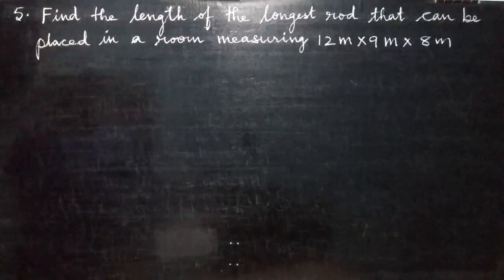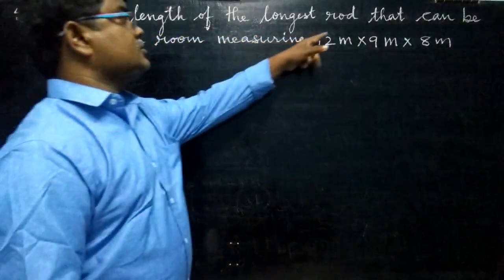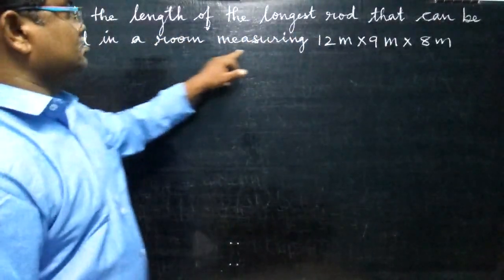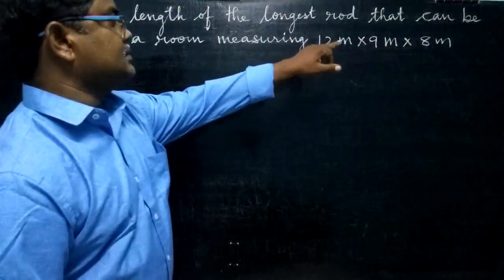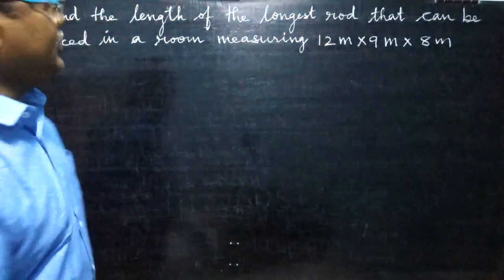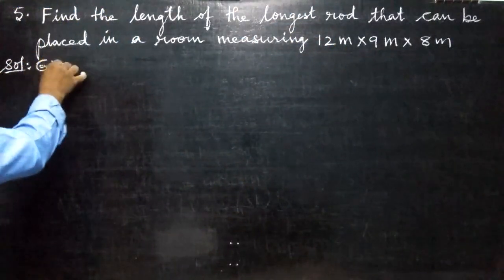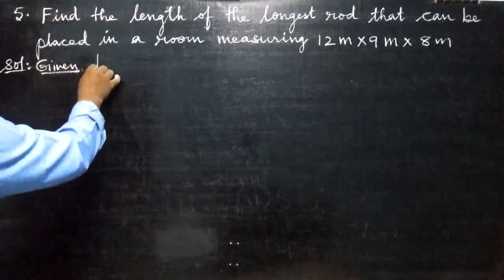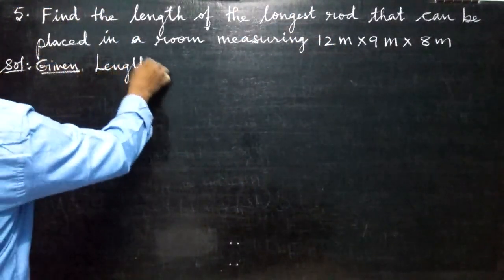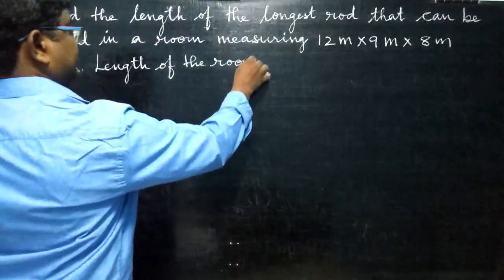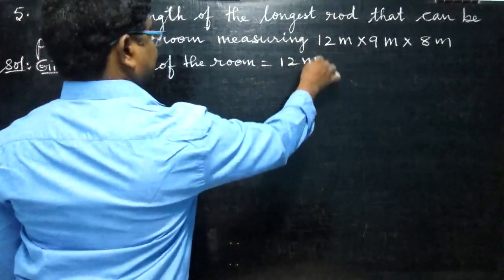Fifth problem. Find the length of the longest rod that can be placed in a room measuring 12 meters into 9 meters into 8 meters. So solution. What they have given means length of the room, 12 meters.